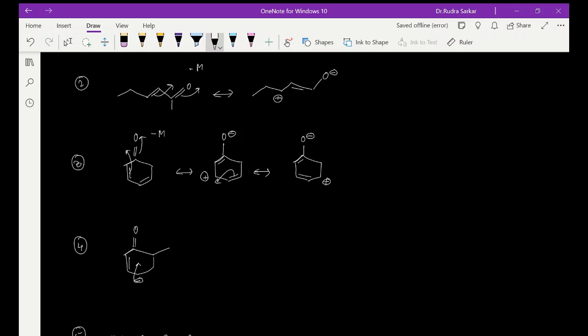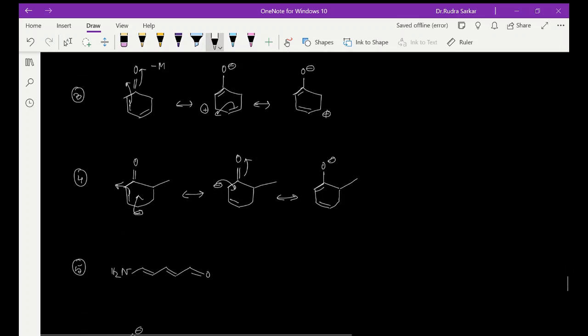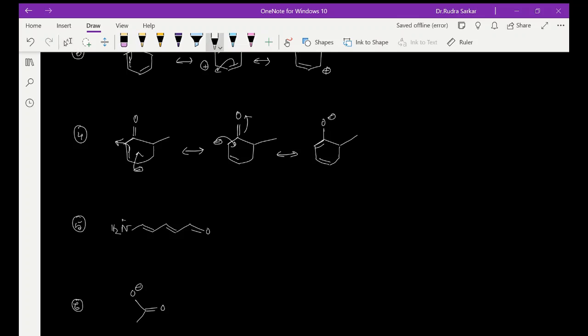Again, the negative charge moves towards the pi bond, so that goes in here, and so this is the second resonating structure. Negative charge moves towards the pi bond, and hence these are the following resonating structures that we will get for this molecule. Again, the lone pair moves towards the pi bond.